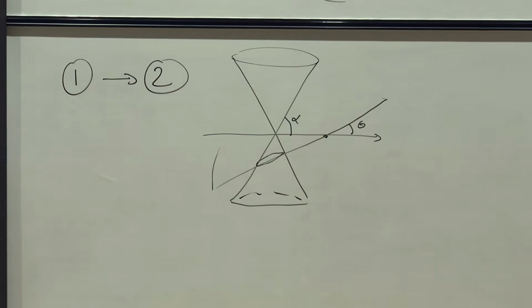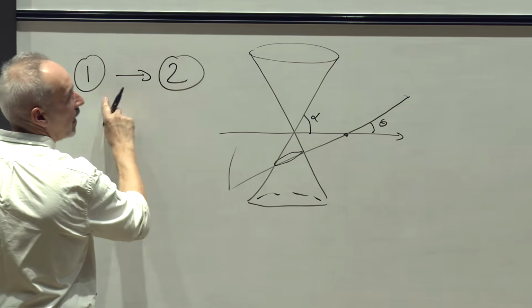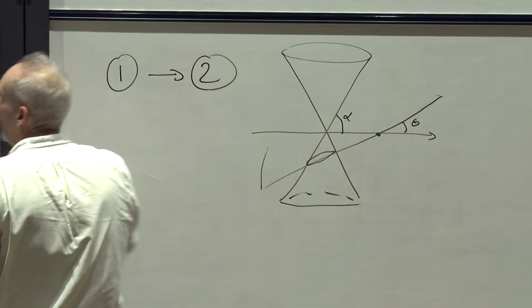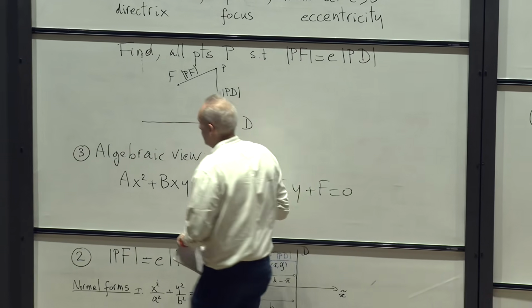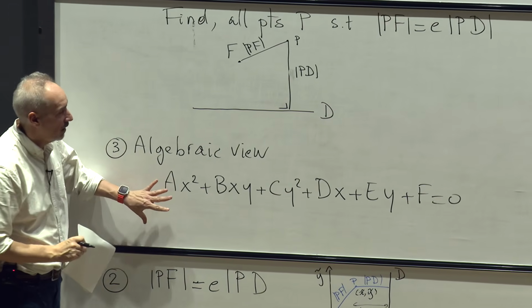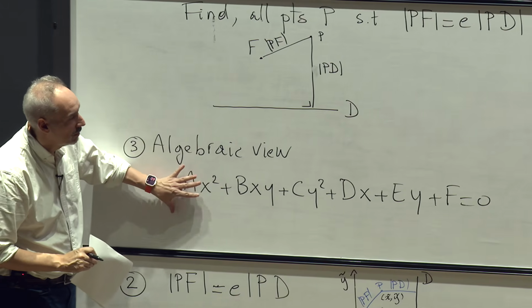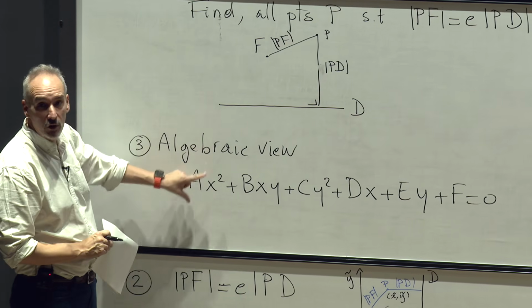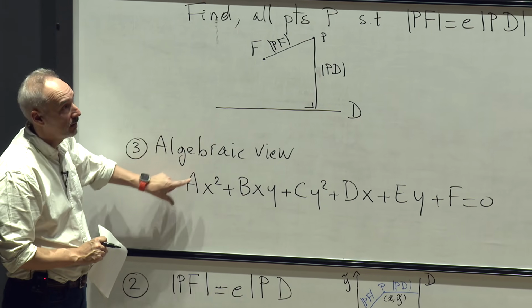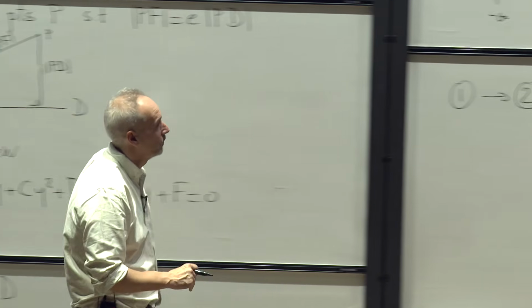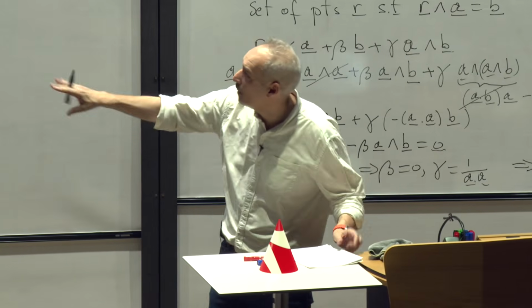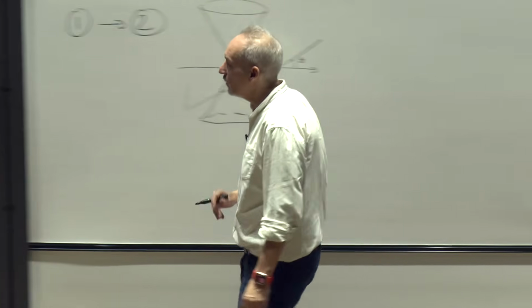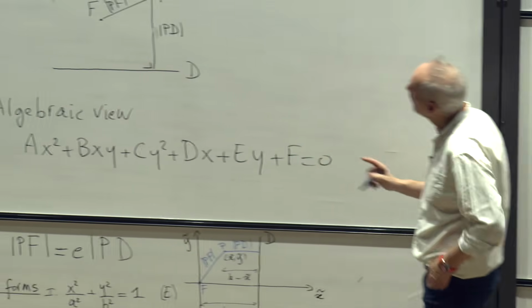It takes a little bit of algebra, but then we'll see the exact correspondence. And then we'll finish by showing the third part, which is that the set of all these functions is actually bigger than the conics. It has a few more cases, but contains all the possible conics.